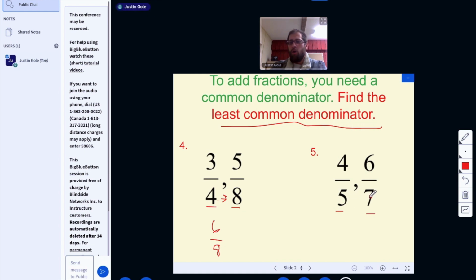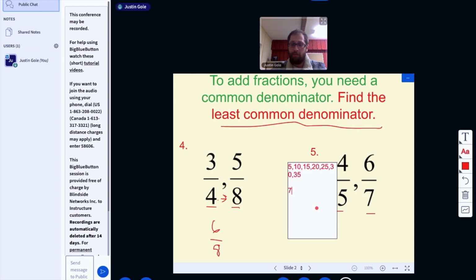So again, we have 5 and 7. 5 doesn't multiply by anything to equal 7. We can look at 10, 15, 20, 25, multiples of 5. Here's a trick sometimes. On this one, you can just count by the number, right? 5, 10, 15, 20, 25, 30, 35, and so on.